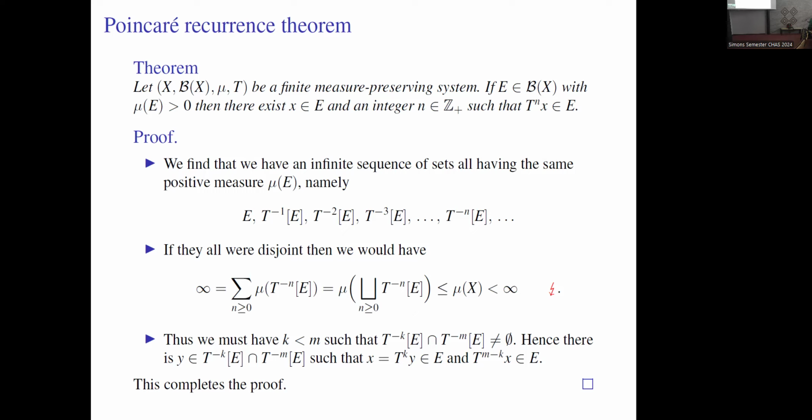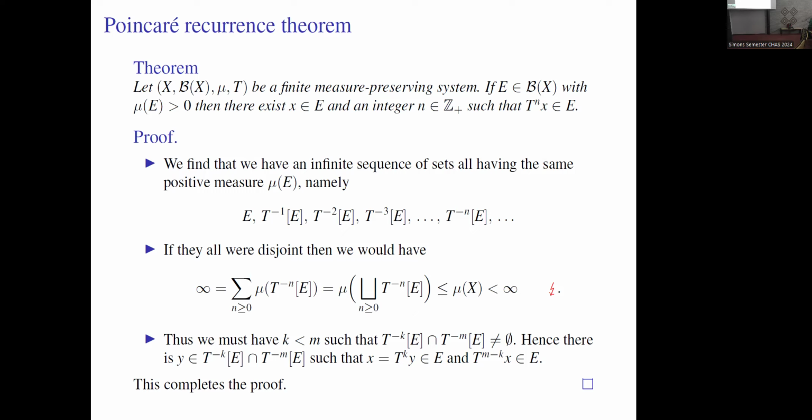If we assume that all these elements are pairwise disjoint, then on the one hand, by countable additivity, the left-hand side is infinite, because we sum infinitely many positive numbers. But this is a subset of X, so it is dominated by the measure of X, the entire space, which is finite, so we get a contradiction.